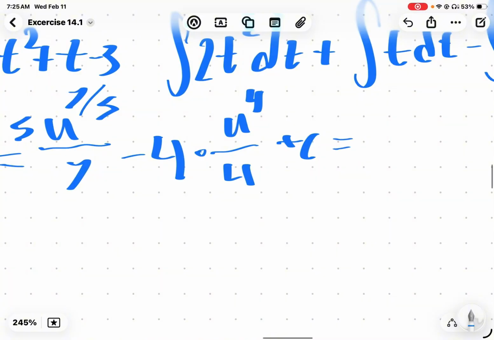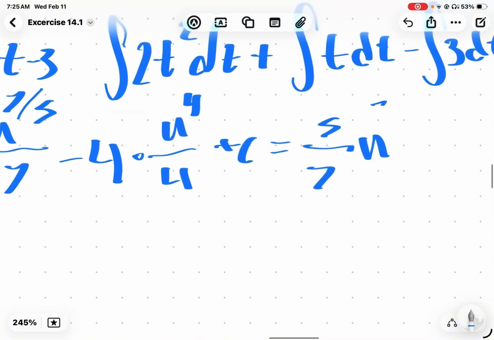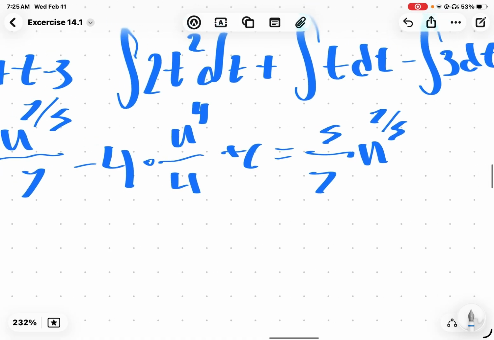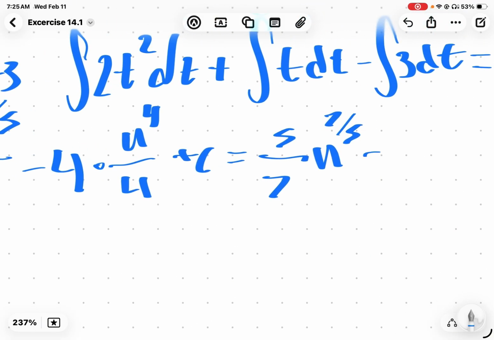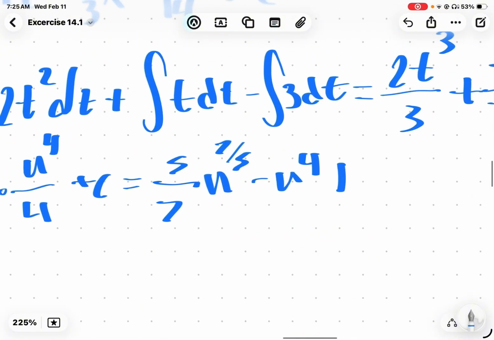So it simplifies to 5/7 u to the power 7 over 5 minus u to the 4, and then plus c.